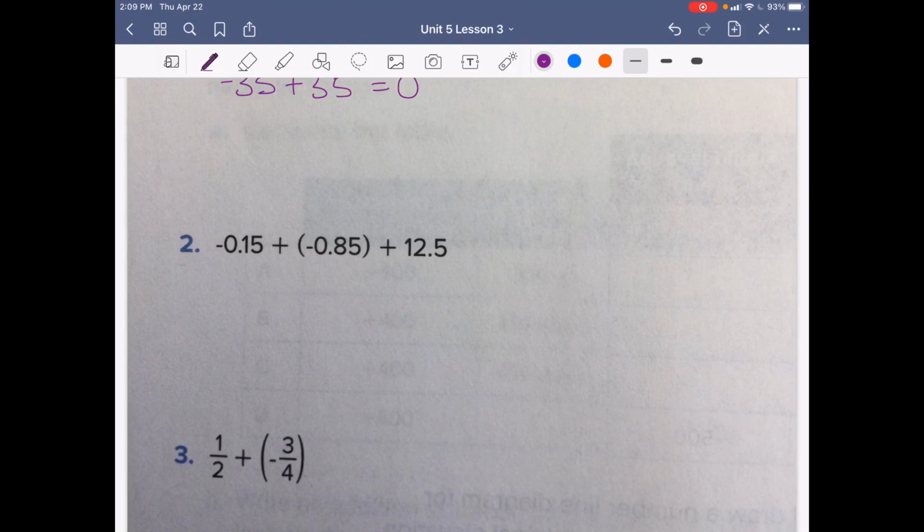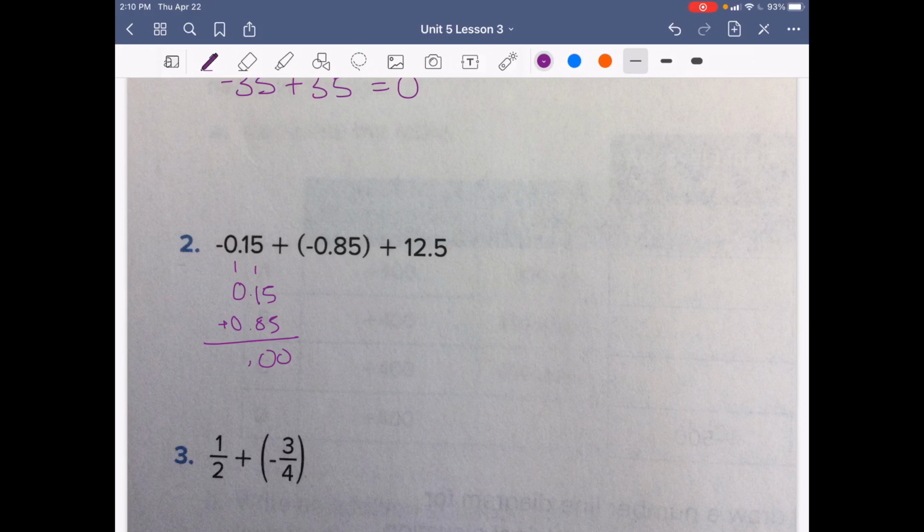Let's look at the next one. So we have a negative plus a positive. So because these are both negative, we can just add them together. So 0.15 plus 0.85. 5 plus 5 is 10, carry the 1. 1 plus 1 is 2, plus 8 is 10.